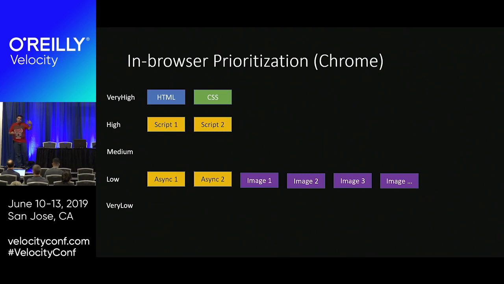Oddly, the Chrome renderer, which is the browser process that actually renders the UI, and the networking stack both have 5 layers with very similar names, but they're offset by 1. So depending on what you're looking at, high in the renderer is actually medium in the networking stack.